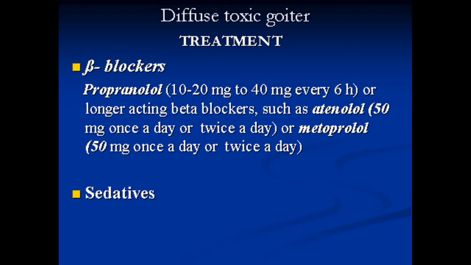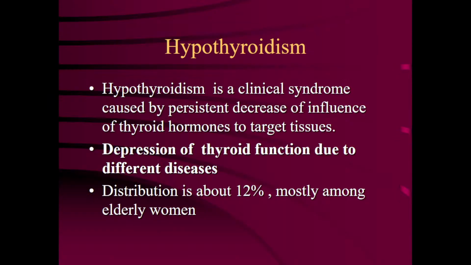And this action of the non-selective beta-adrenal blocker is very beneficial in the case of thyrotoxicosis in Graves' disease. Well, sedatives are also used, but sedatives, of course, are assessed as additional drugs.